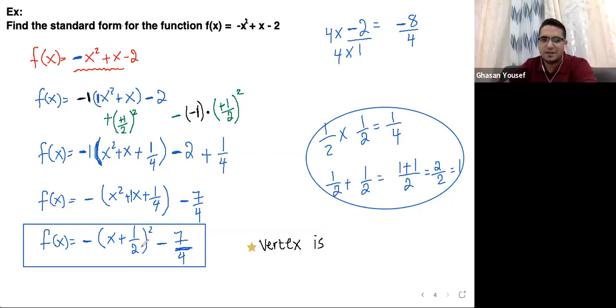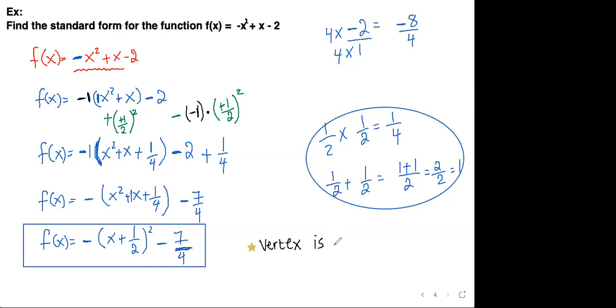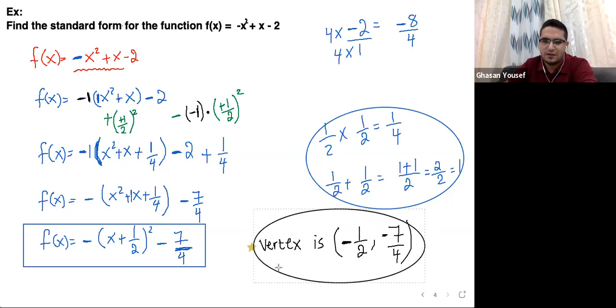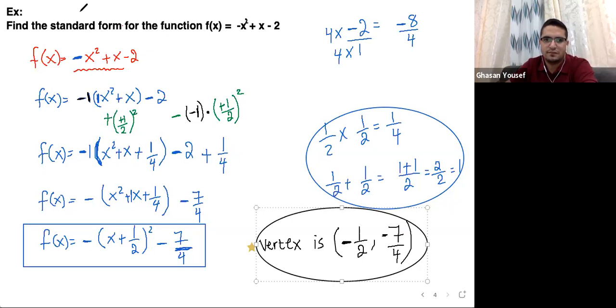But we have to take the opposite sign of this. What is the opposite? Negative. Exactly, negative. The opposite sign of this is negative 1/2, comma, here the same sign is negative 7/4. This is the vertex. You should focus on the sign. So we have to take the opposite sign for h and the same sign for k. Okay, any question?